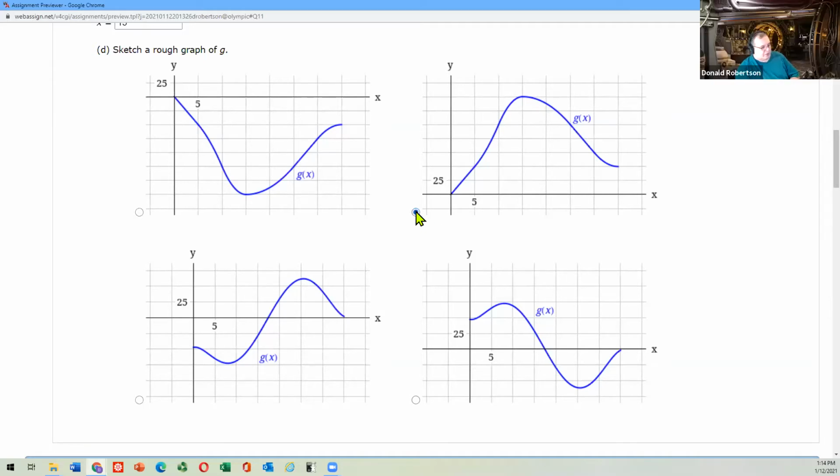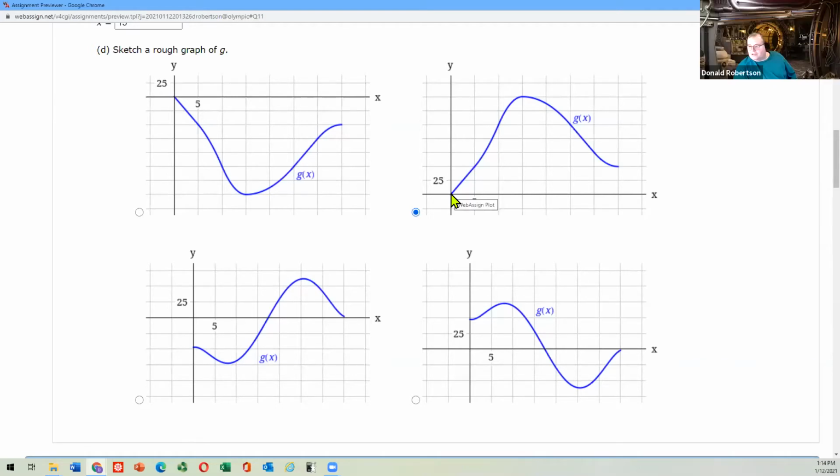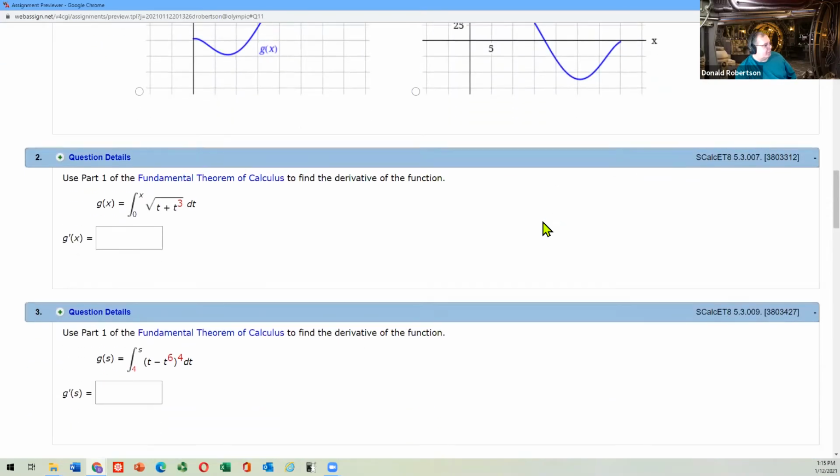We want to describe why you went that way. Because all the other ones either start at a positive area at 0 or go negative at 0, while this starts at 0 and then increases before decreasing. Nailed it. Couldn't have said it better.